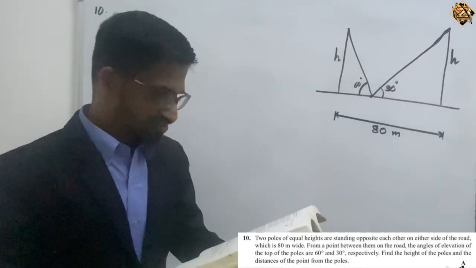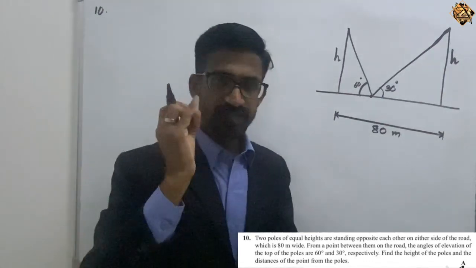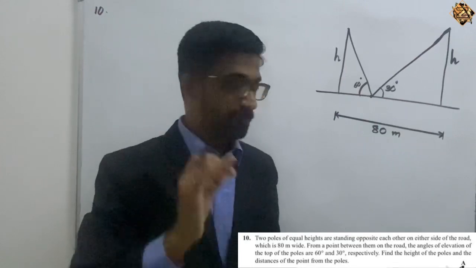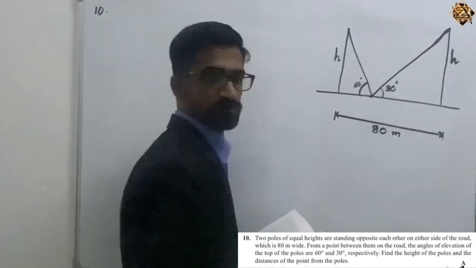What's the question? Find the height of the poles. We have to find the height of the pole and the distances of the point from the poles. We have to find these distances also.